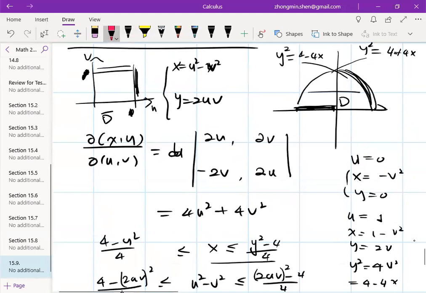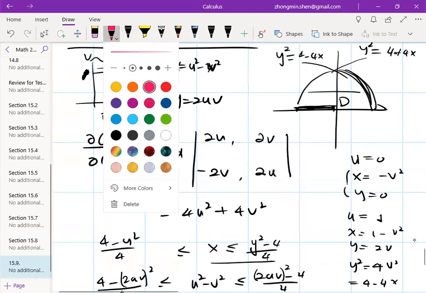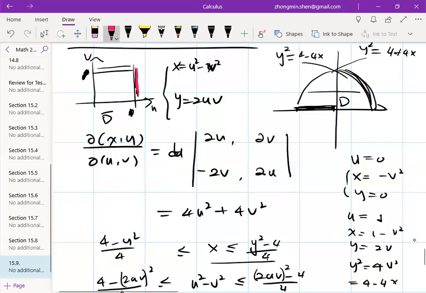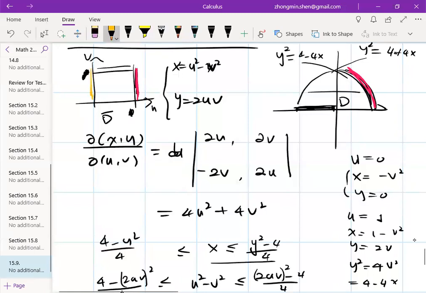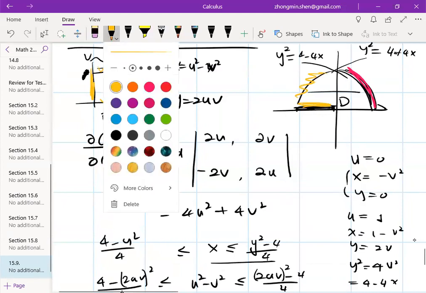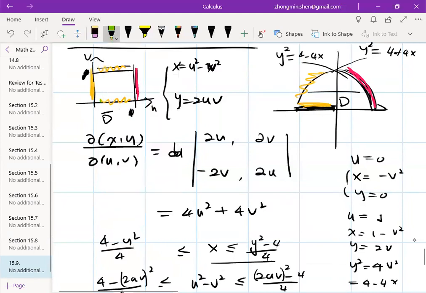So I'm going to use different colors to show you. This piece is going to here. When u is 0, this is a piece, the yellow part. Then it's clear that this piece should be going to be here, and that piece is going to here.